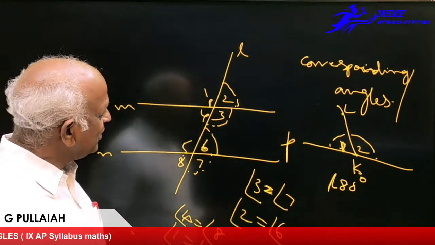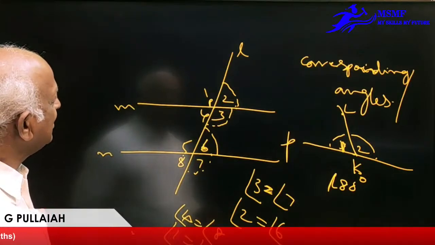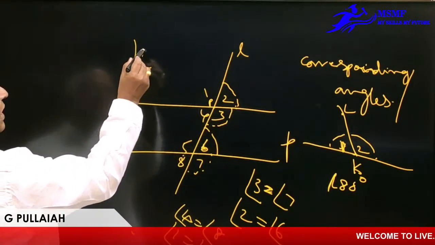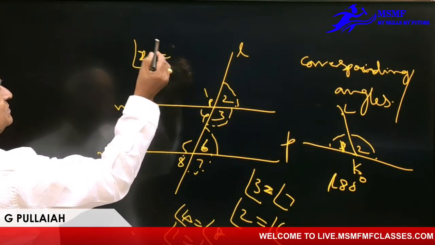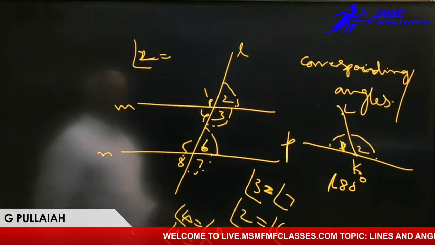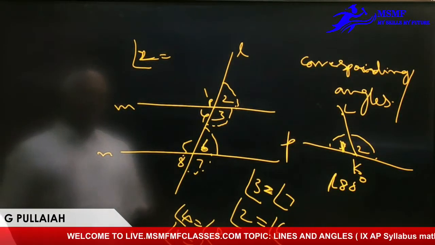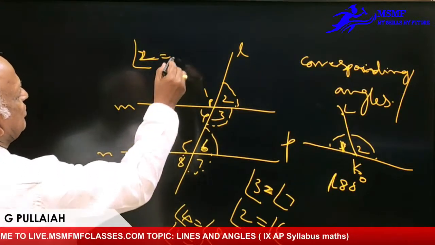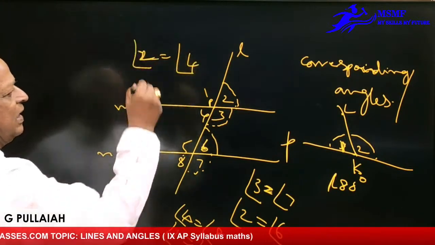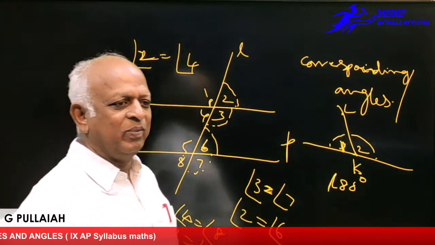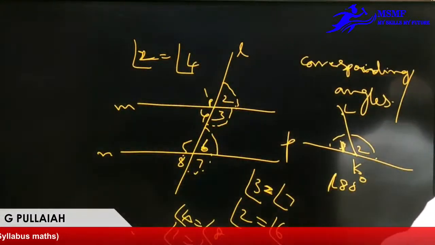Remember another important thing very carefully here. Say for example, angle 2 is there. Angle 2 here is equal to angle 4. Why is angle 2 equal to angle 4?